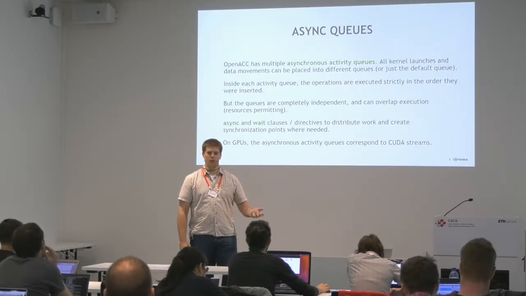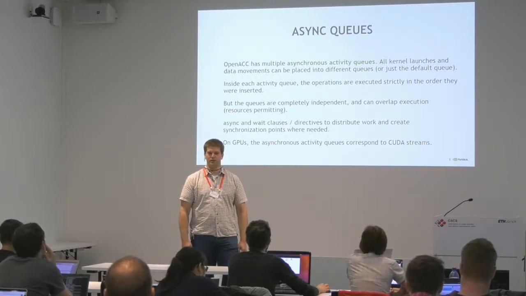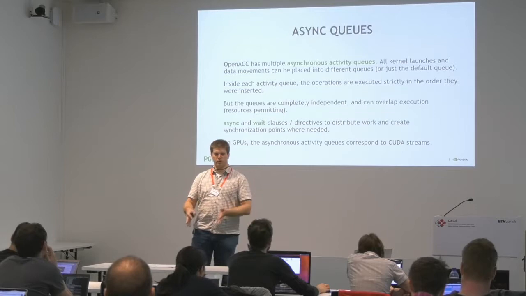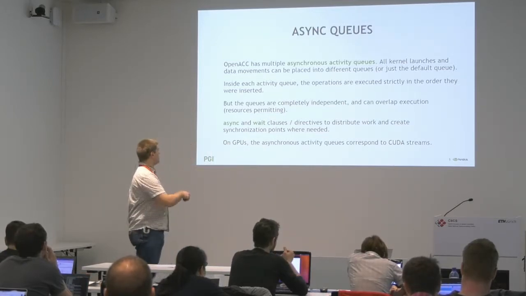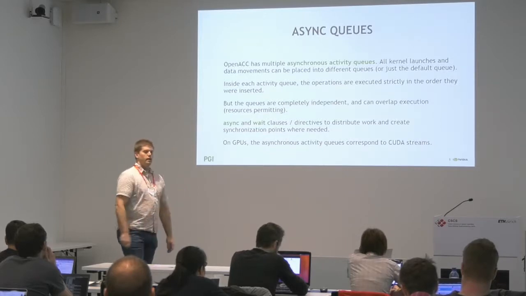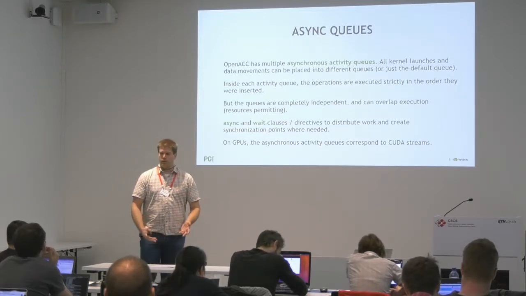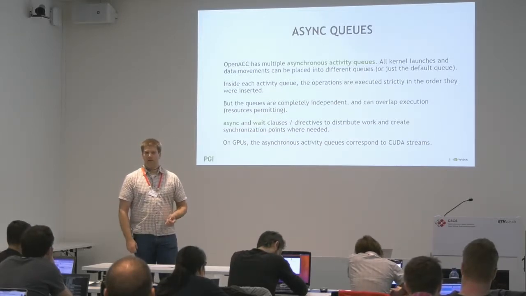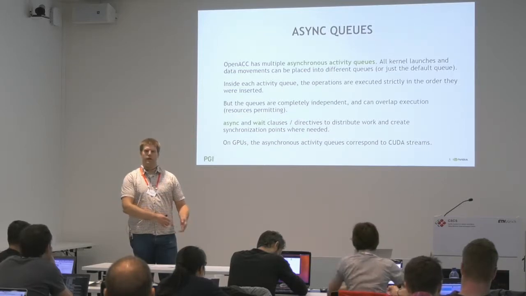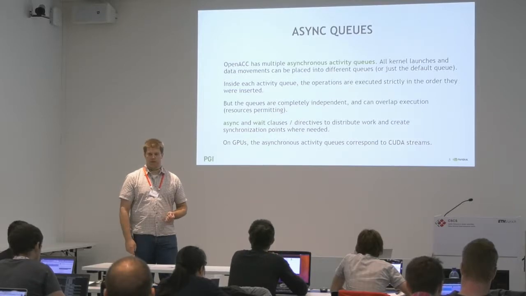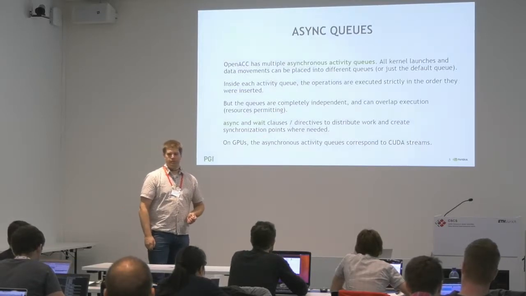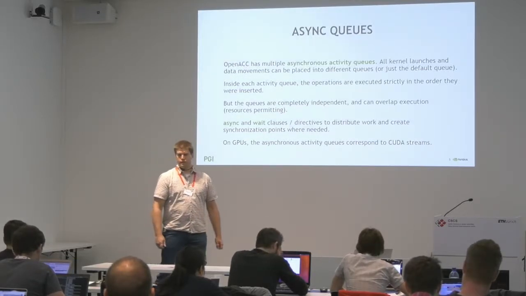And without human input, that's a hard problem to solve. So basically, you as the programmer have to put these things in if you want them. If you're not using these clauses here, then you get a program like all the examples that you've seen yesterday. A default queue will be used, and all the operations are blocking on the CPU thread that launches them. Okay? Any other questions so far?